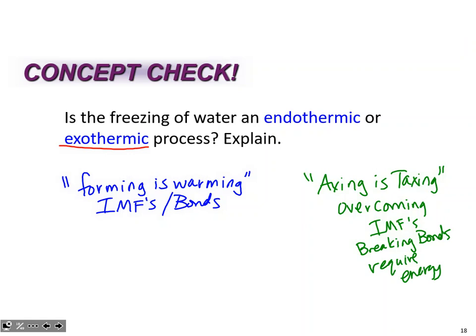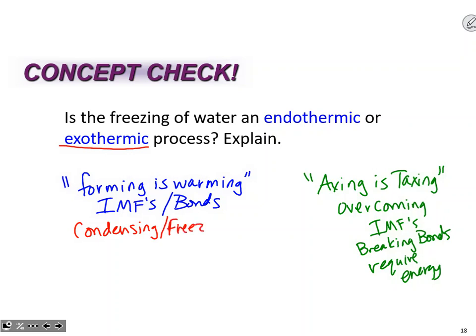I don't know how you spell axing, but maybe there's an E in there. But forming is warming. So when you're going the direction of condensing, freezing, or depositing, this is for phase changes.